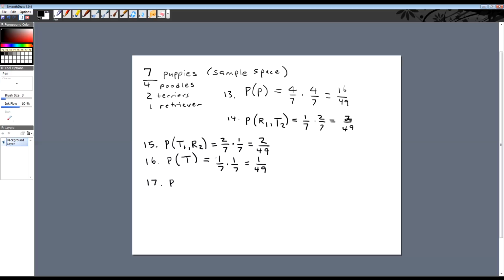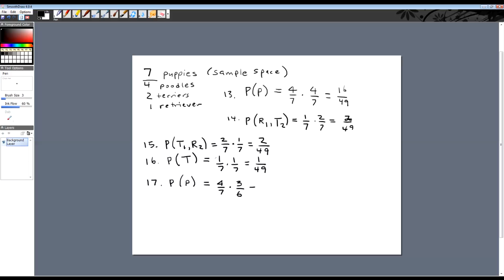The probability that both would select a poodle is, for Rebecca to choose first, 4/7. Now she has taken 1 puppy out of the sample space and potentially 1 poodle. So what's left is 3 for Aaron to choose times 6.